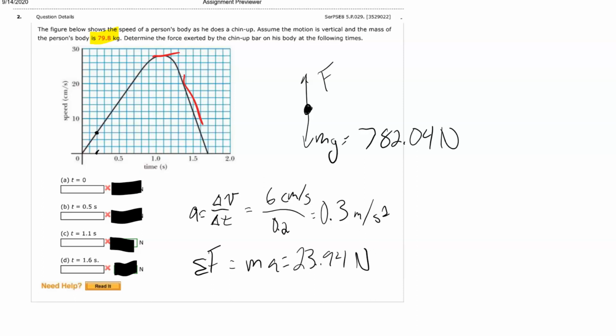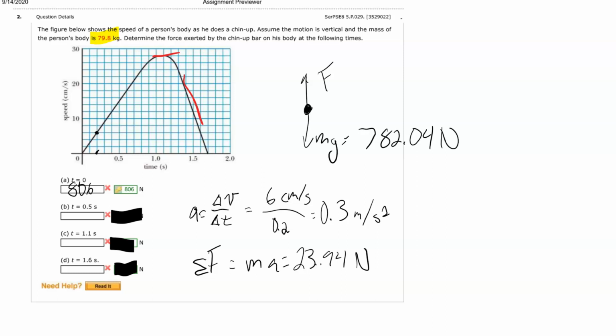That's the net force, not the applied force. So the upwards force is actually about 24 newtons more than the weight. I can just add 24 onto this and we get 806 newtons. You might want to keep a couple more decimal places there, but there we go.